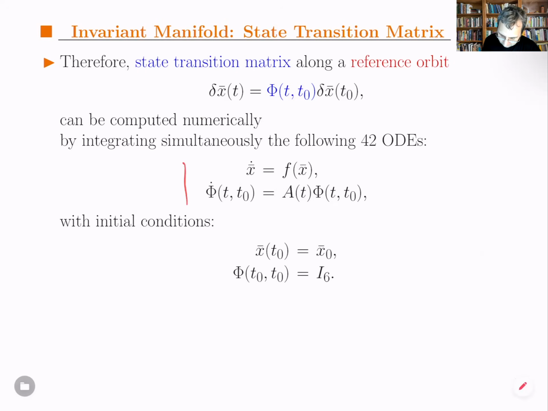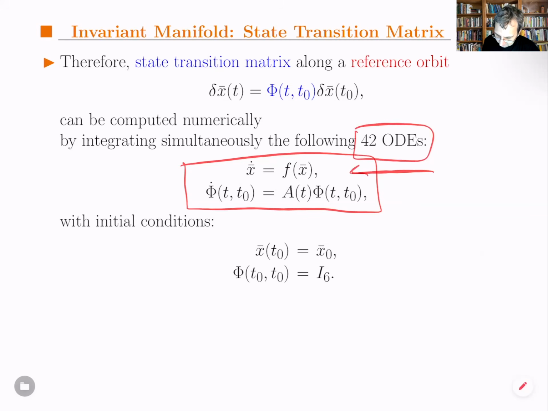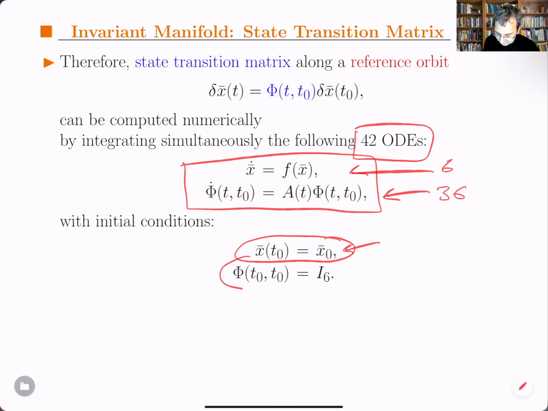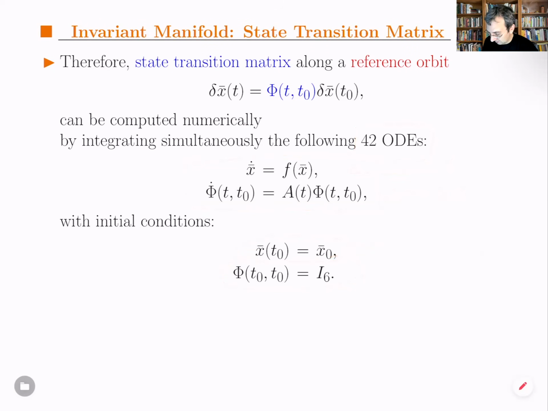So what we have are these 42 ODEs. These are 6, and then these are 36, where you have some initial condition for the state, which usually comes from an initial guess from that Richardson approximation. And then the initial condition for the state transition matrix is just the identity.